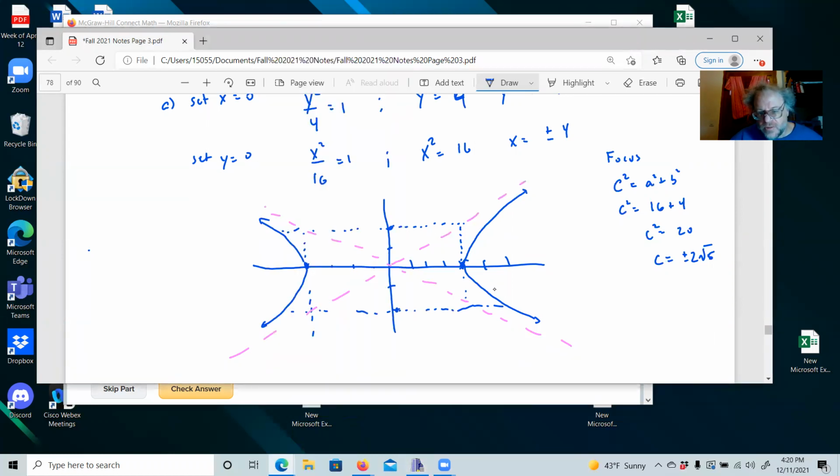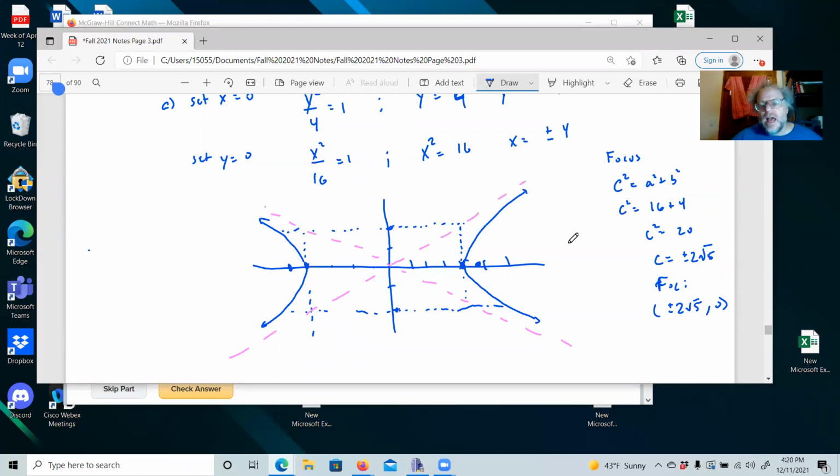So we have 1, 2, 3, 4.47. So here and here is going to be my foci. Again, this is from the center. If you've got a hyperbola that's over here somewhere, it's from the center in the line of the vertices. So it's plus or minus 2 root 5, 0. Those will be my points.